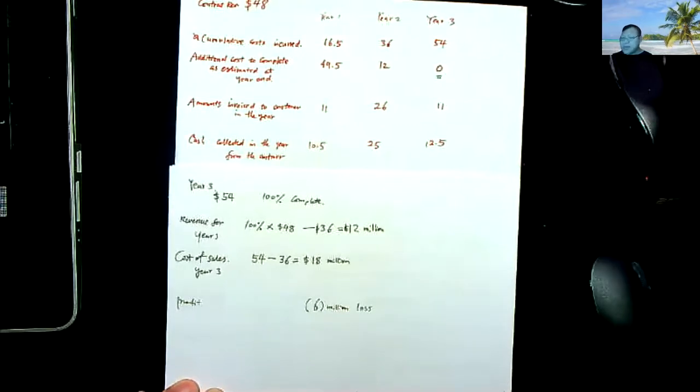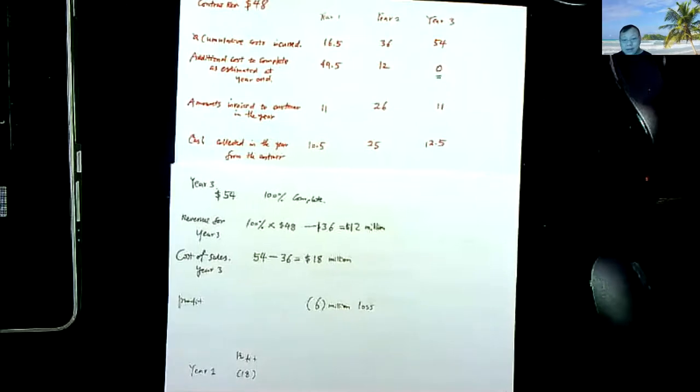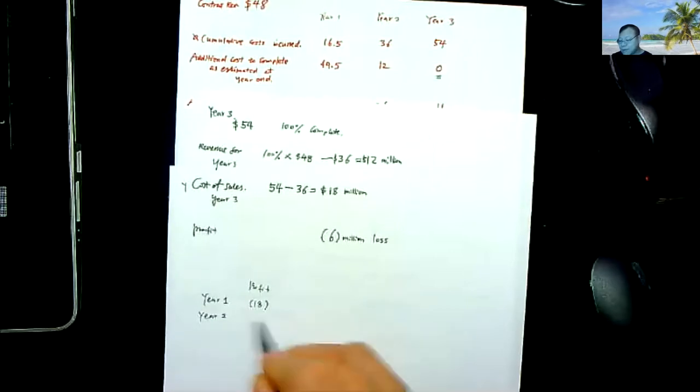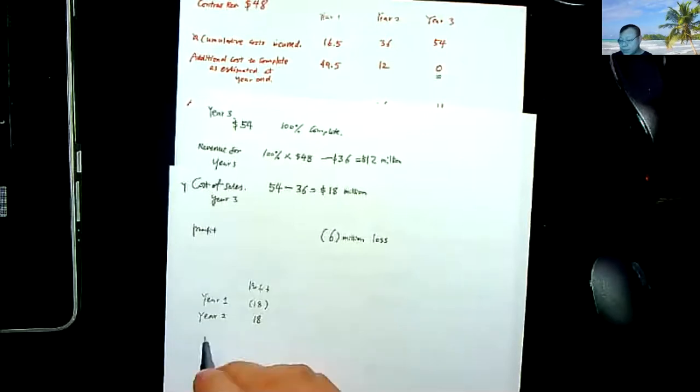Okay, so this is what happened. In year one, your profit is an $18 million loss, and then in year two, you have $18 million income. Year three, you have a loss of 6.